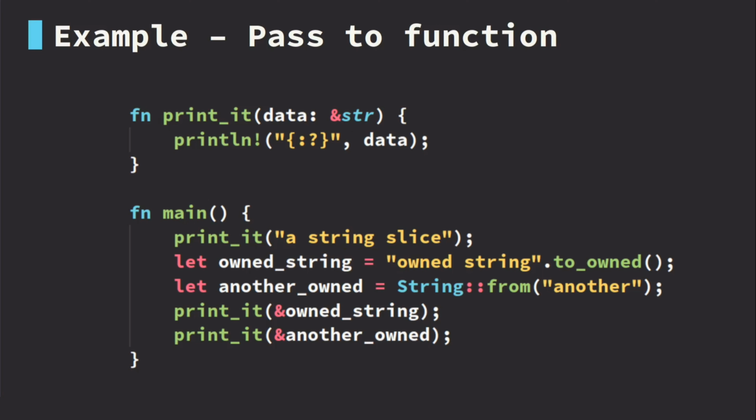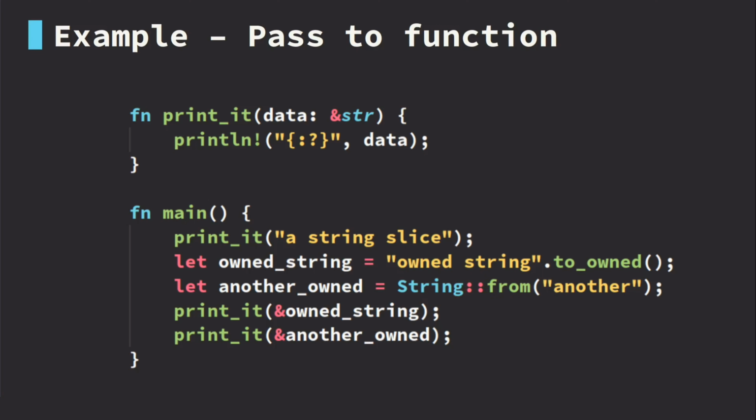If we want to create an owned string, we can do so in multiple different ways. I have two listed here. First, we have the owned string as a string slice. We then call the .toOwned function on it, and that creates an owned string. Another way to do so is type in String and then call the from function that's implemented on the String data type, and then enter in your string slice, and it will create an owned string.